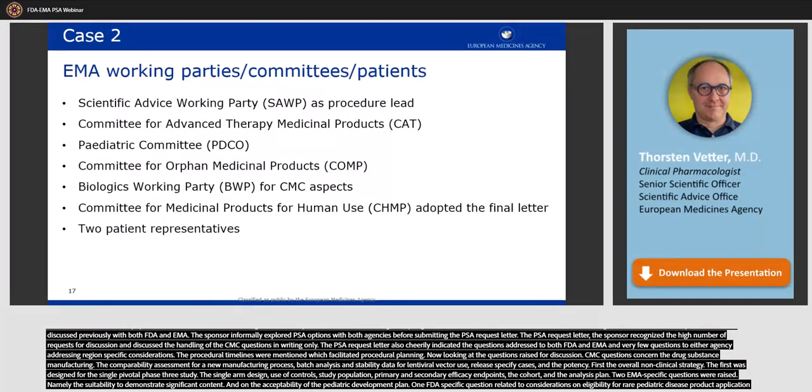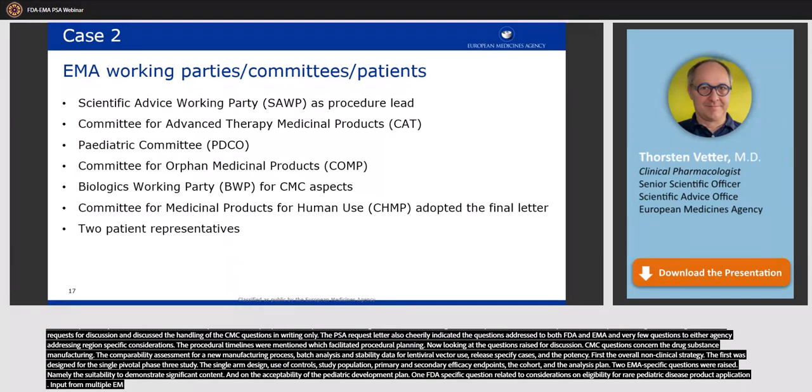Input from multiple EMA working parties and committees was successfully integrated for advice on this orphan pediatric ATMP development.